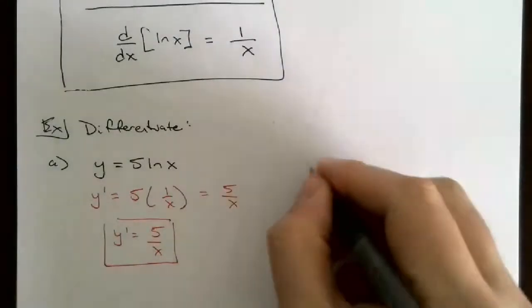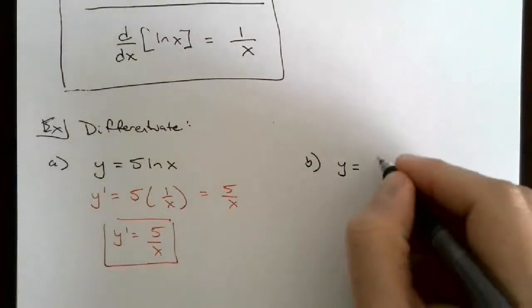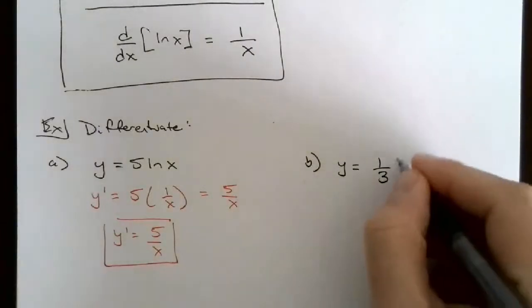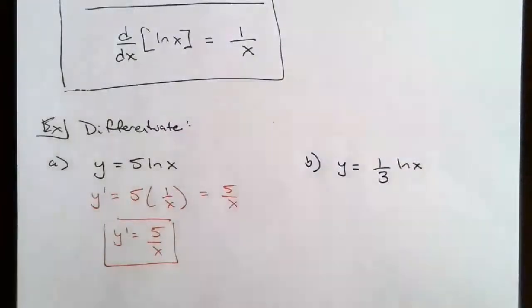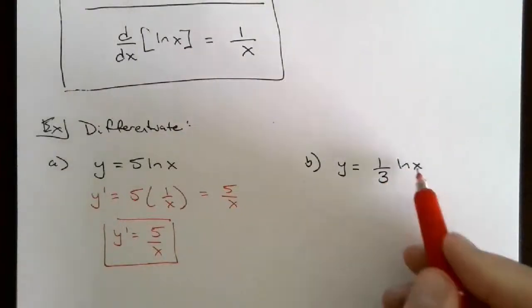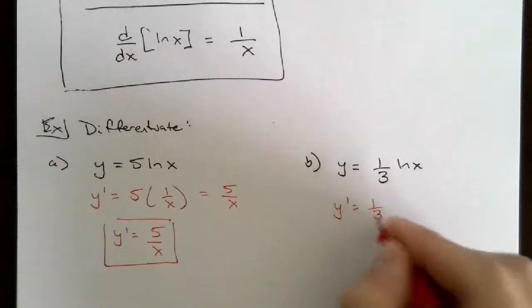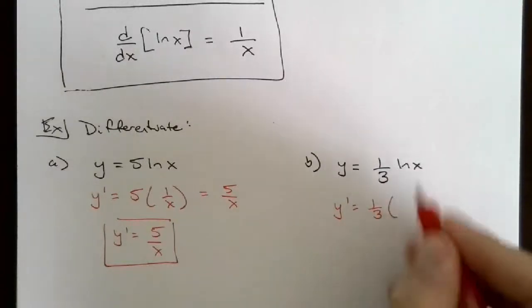Looking at another one, if I said y equals 1/3 ln x, again, don't let this fraction throw you off. It's a constant times a function here, so when I take the derivative, the constant, 1/3, will just stay in front, and then multiply by the derivative of the function.